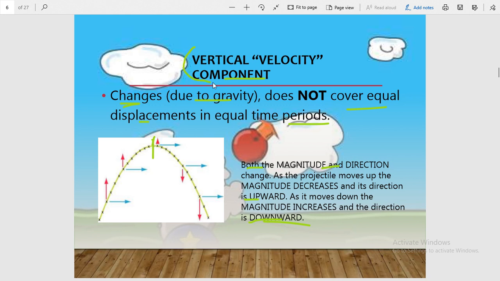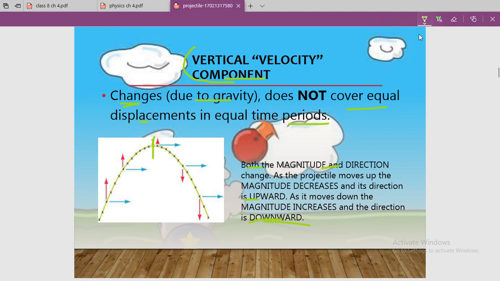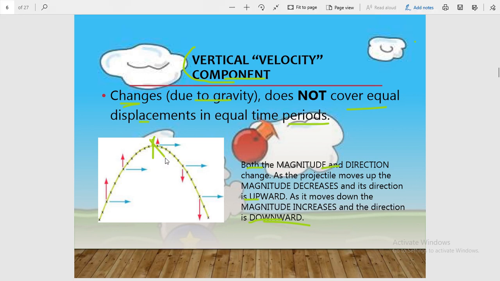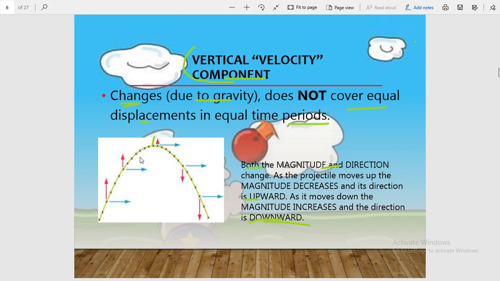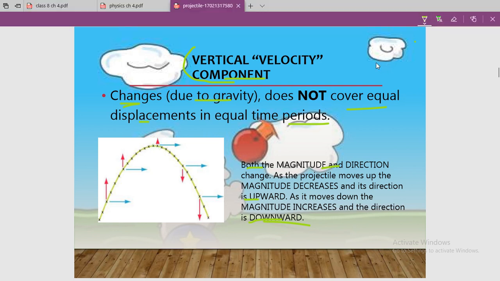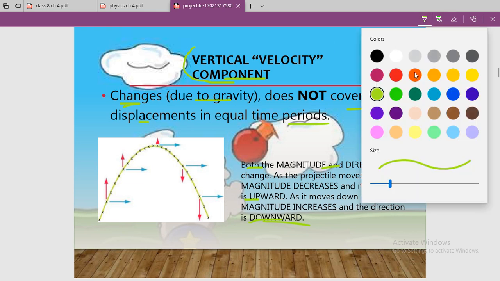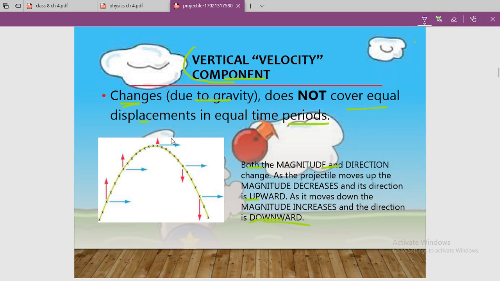You must remember that at the highest point, at the peak point of the motion of the projectile, the value of the vertical component is 0. At this maximum height point, the vertical component of velocity is 0.